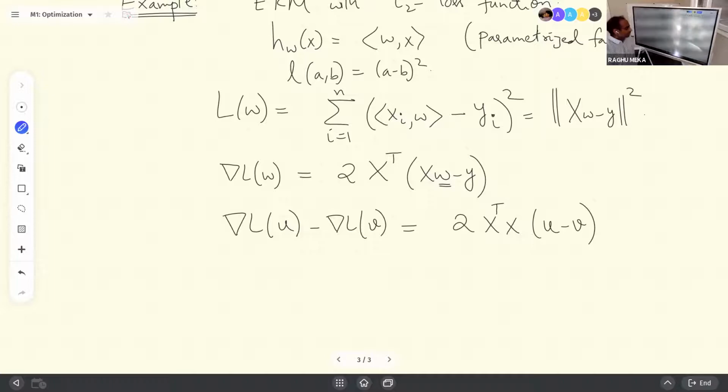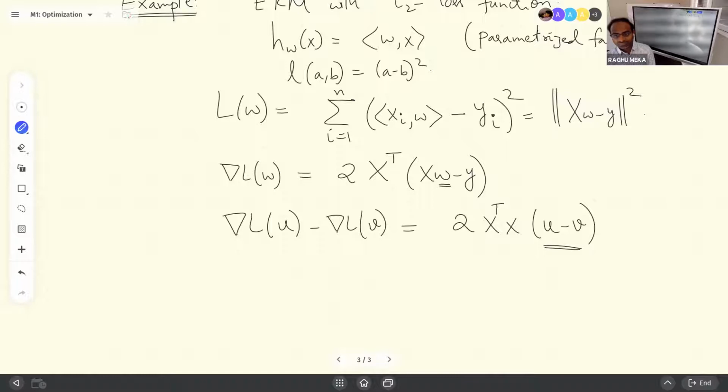And you want to bound this in terms of how far u and v are. It seems reasonable to expect that there is an absolute bound on this change in terms of how far u and v are.